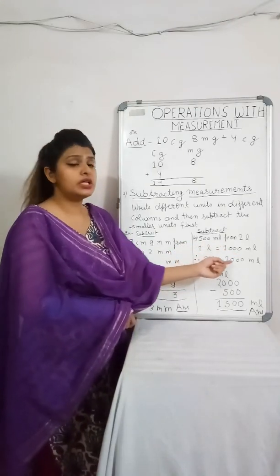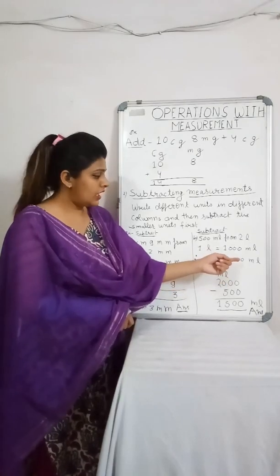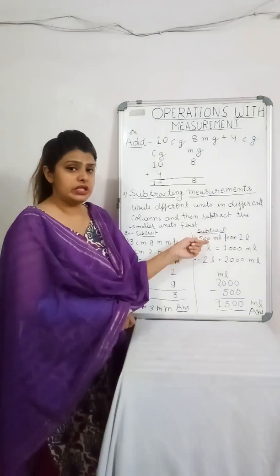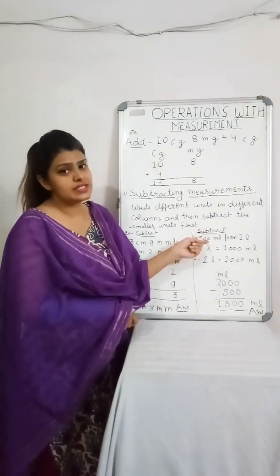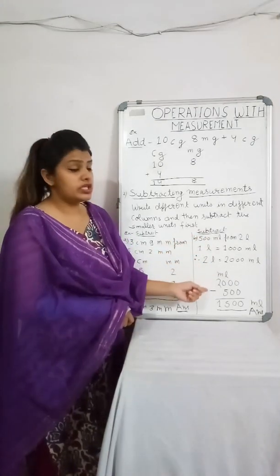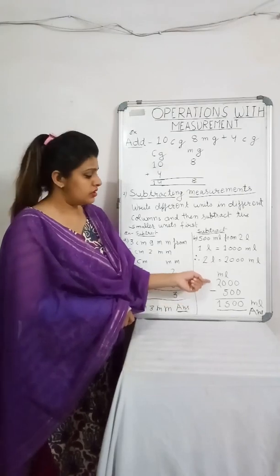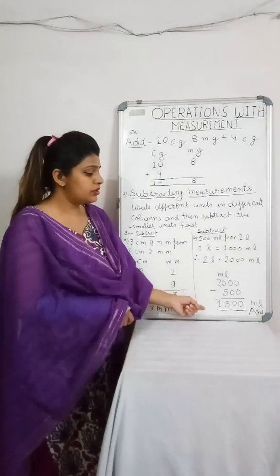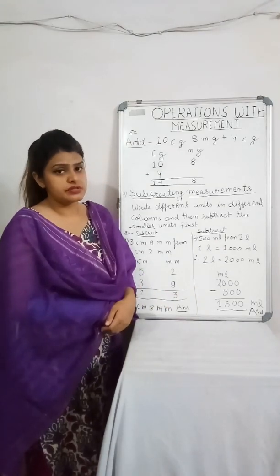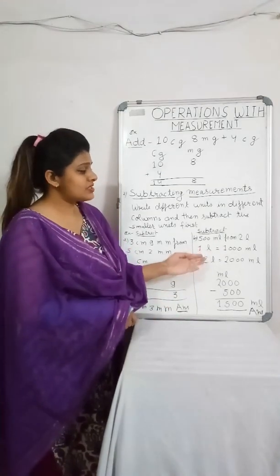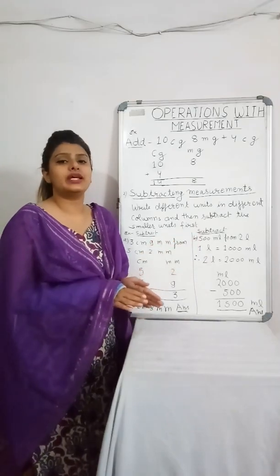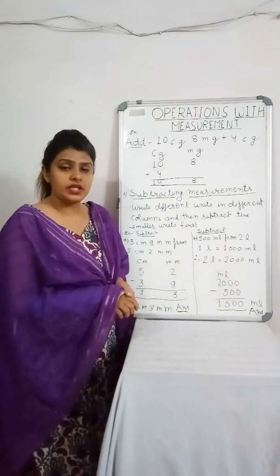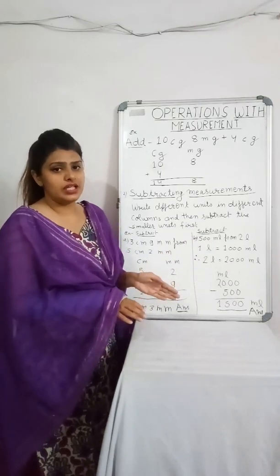Therefore 2 liters will be 2000 ml. Now this is also in ml and this is also in ml. Now we can do the subtraction easily. 2000 milliliters minus 500 milliliters is equal to 1500 milliliters. In these types of questions, first we will make the units the same. Then only we can subtract from each other.